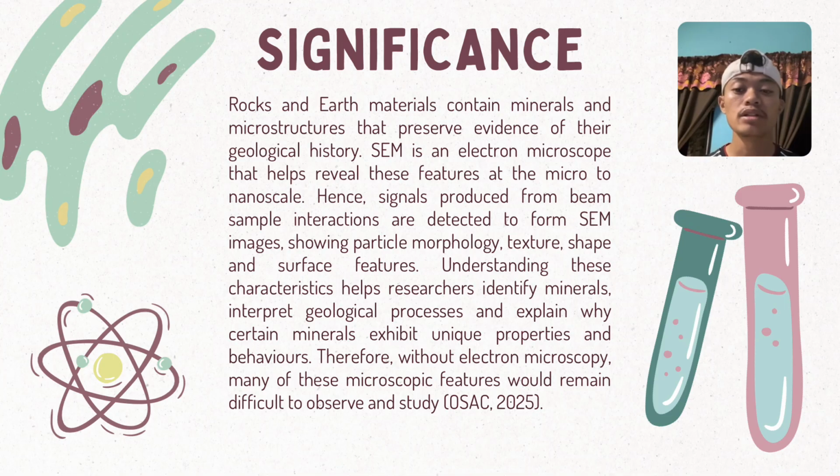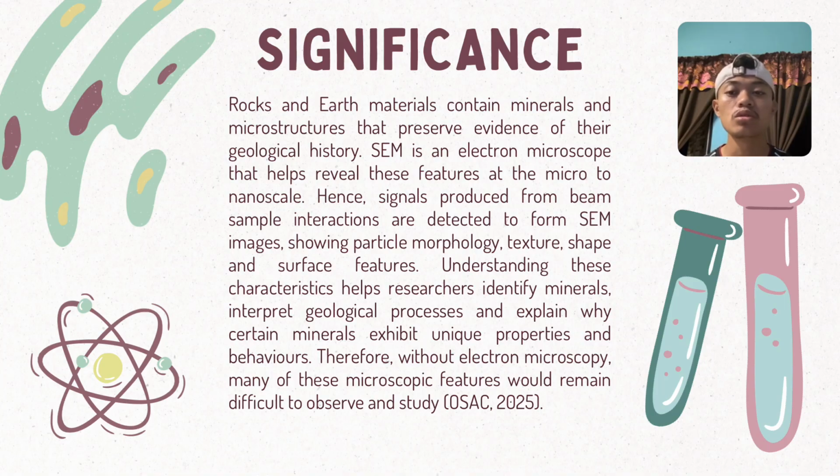Next, I will explain the significance. Rocks and earth materials contain microscopic structures that preserve important information about their geological history. These tiny features cannot be clearly seen using a normal light microscope. Scanning electron microscopy, or SEM, produces high-resolution images by detecting signals generated when electrons interact with the sample.